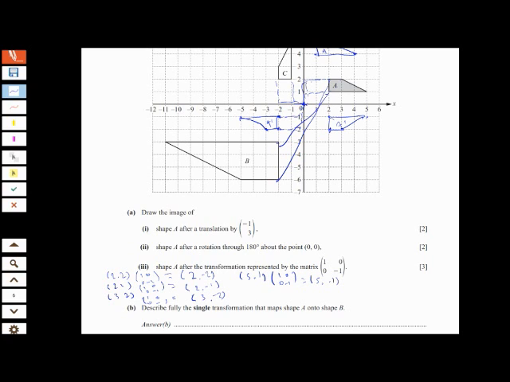From this point to that point, from this point to that point. Now from this, what we know is the center is here, at 1. That's the center. And the scale factor is basically -3.